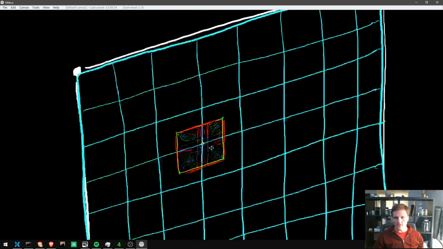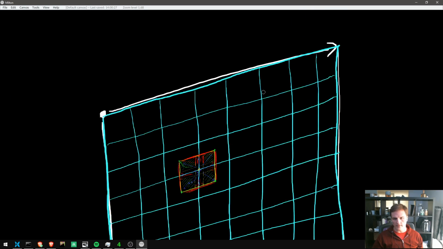I think scale is just the length of the x-axis divided by the size of the quad. Like if this is an 8-pixel texture, right?